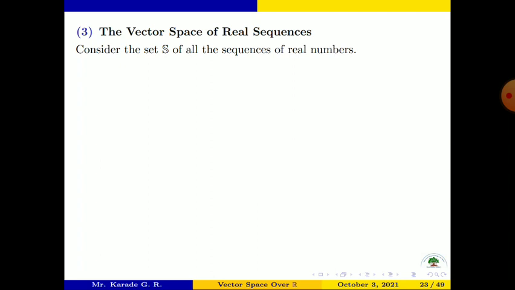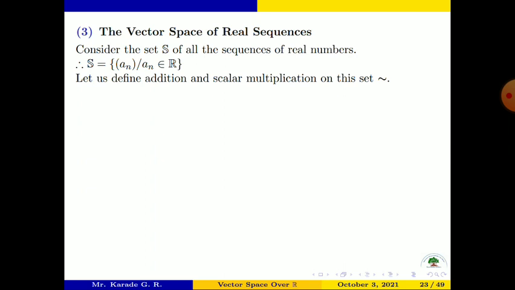Consider the set S of all sequences of real numbers. Let S be a set of all sequences of real numbers. Therefore S is equal to the set of all sequences a_n. Here all these a_n are real numbers, means S is the set of all real sequences.